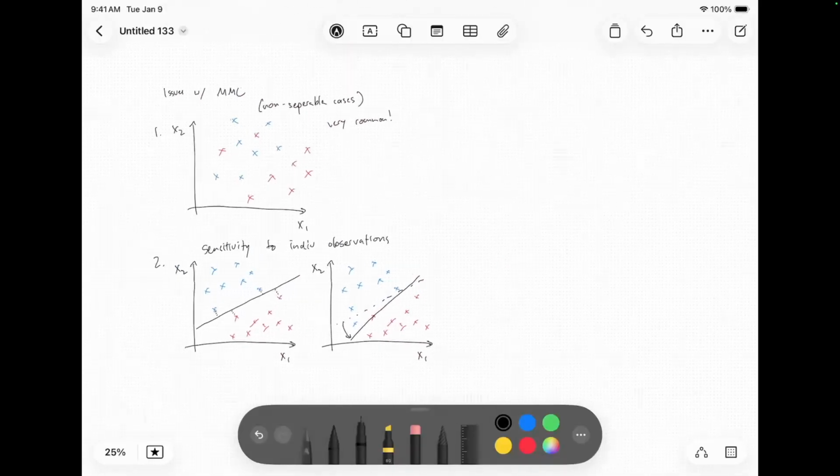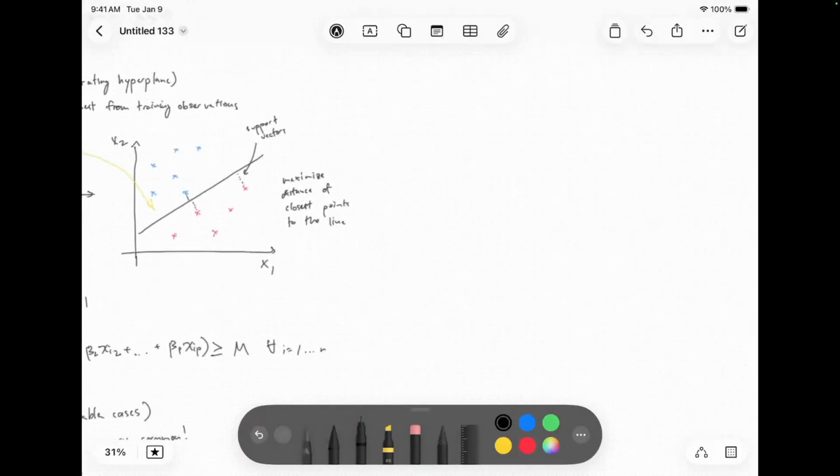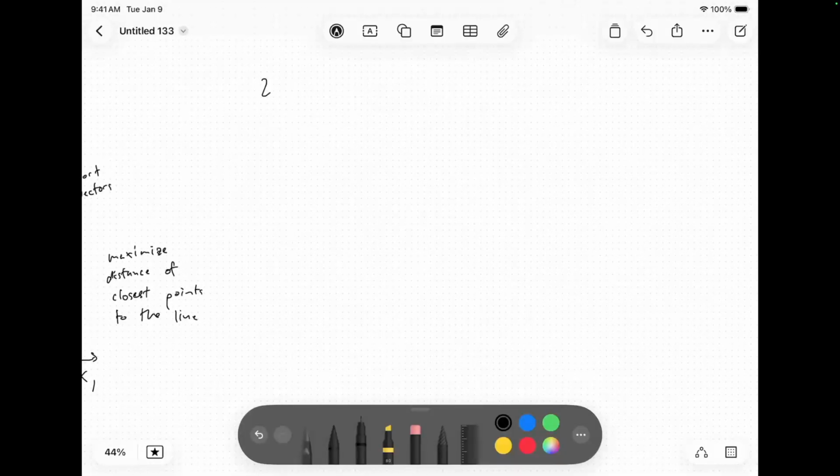So we are going to talk about a more complicated approach, the next evolution here, which is known as a support vector classifier.